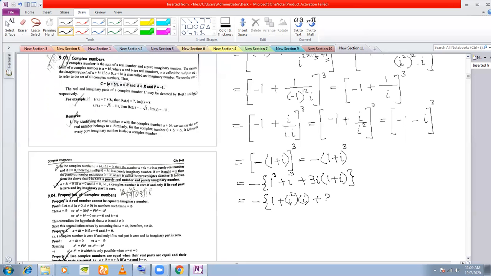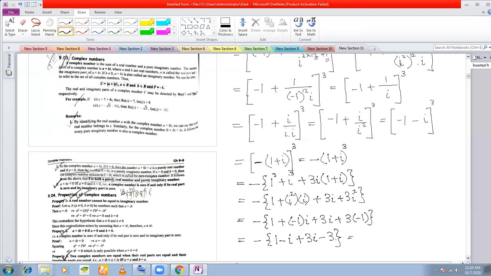This can be written as plus 3i plus 3i squared, which is equal to minus 1 plus i squared is minus 1, plus 3i, and 3i squared is minus 3. So minus 1 minus i plus 3i minus 3.